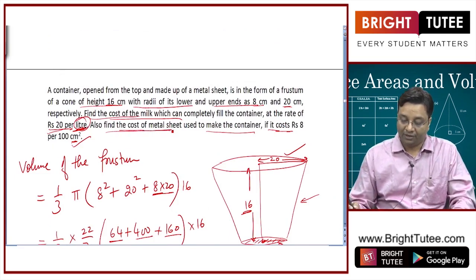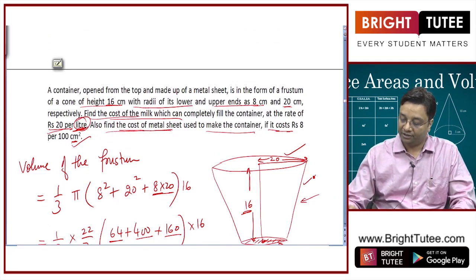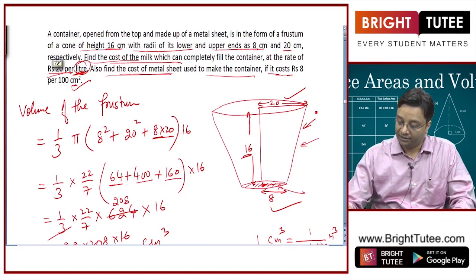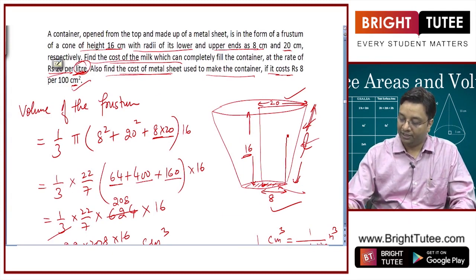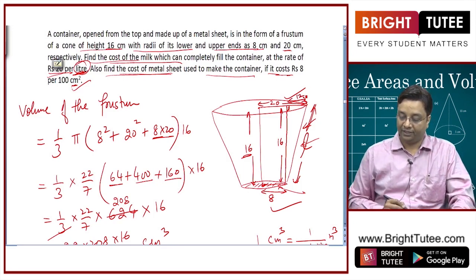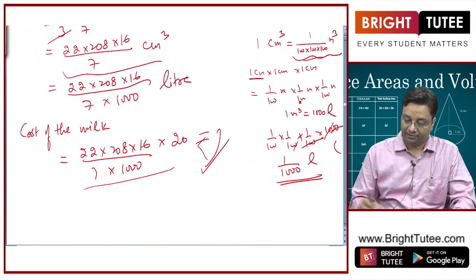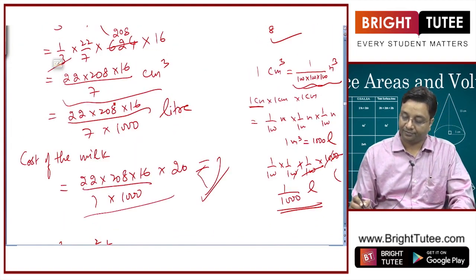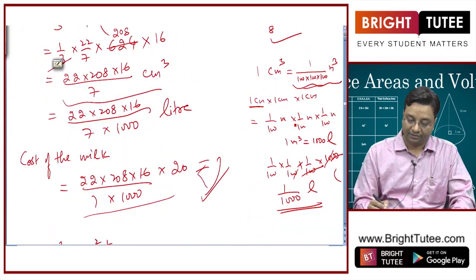For that we would require the curved surface area of this frustum, and to calculate the curved surface area of the frustum we would require the slant height. Let us name it as L. If I drop this perpendicular here, it will be a right angle triangle. This side is 16. What will be this side? This will be 20 minus 8, that is 12. So L square will be equal to 12 square plus 16 square.